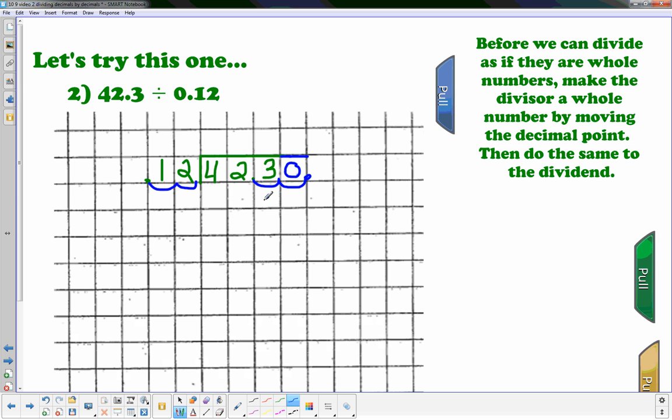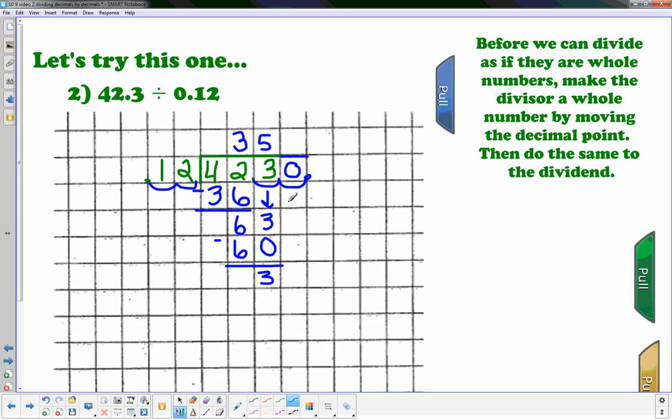Alright, so let's begin. 42 divided by 12, the closest I can get is 3. 3 times 12 is 36. When I subtract 42 minus 36, it gives me 6. I bring down the 3. I have to remember my facts of 12. 12 times 5 is 60.